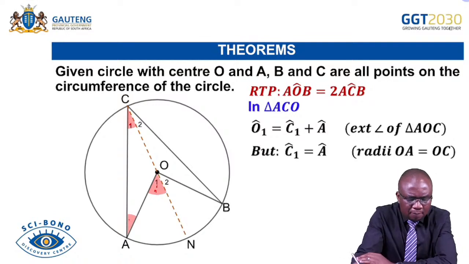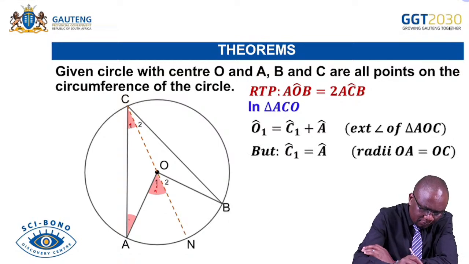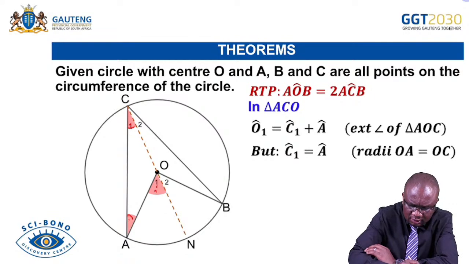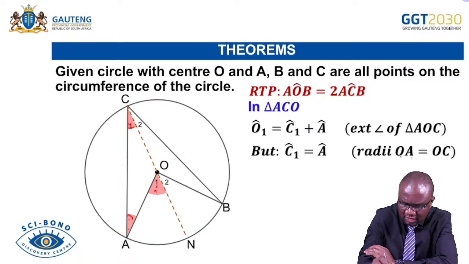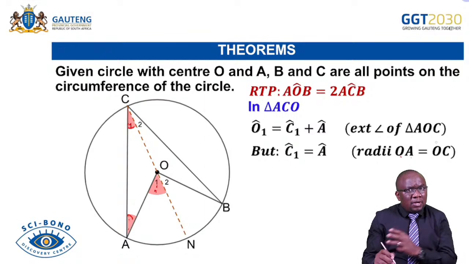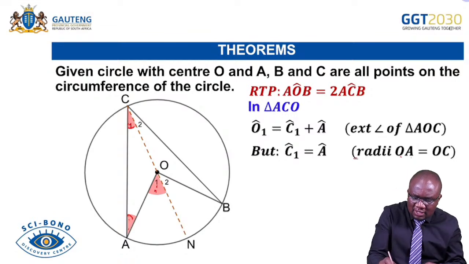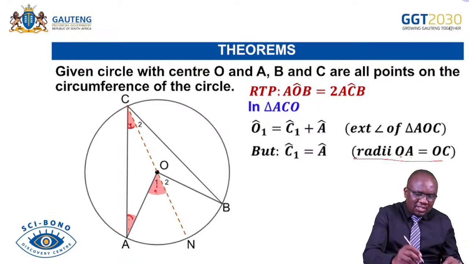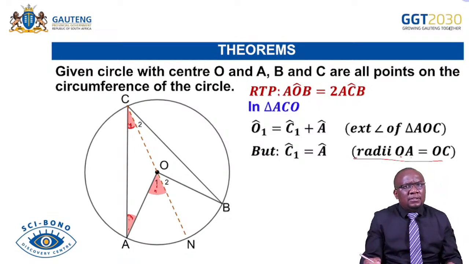But C1 is equal to angle A, because radii OA is equal to OC. Usually I use angles opposite equal sides. Angles opposite equal sides, because OC and OA are equal. So this angle and this angle are equal. You see that? Because angles opposite equal sides.